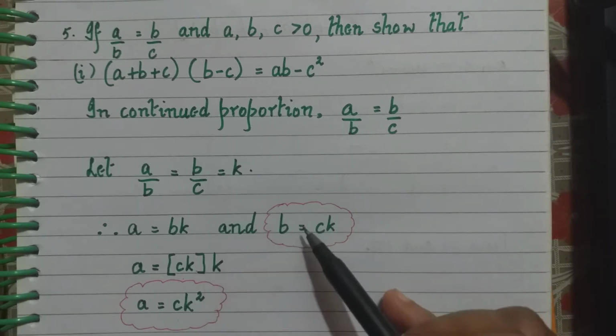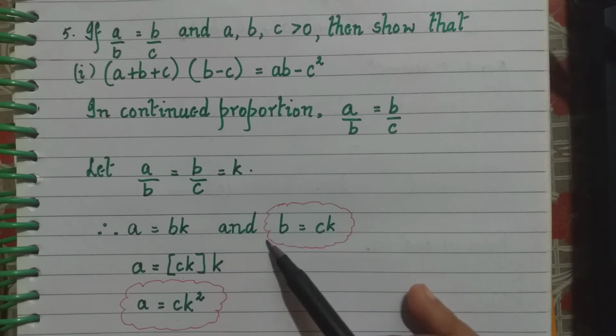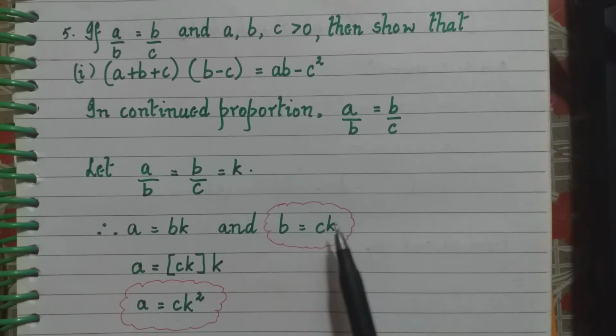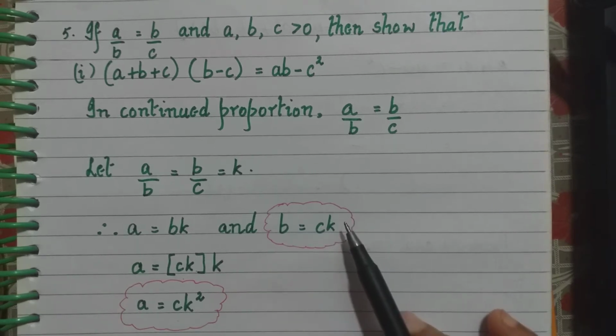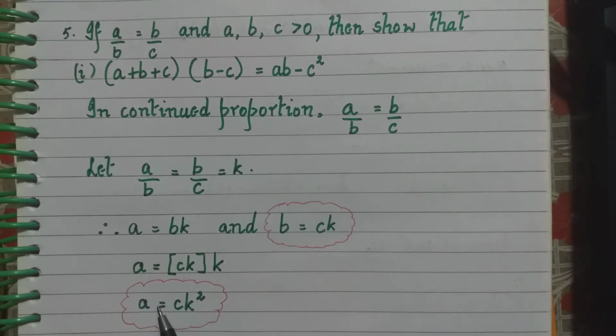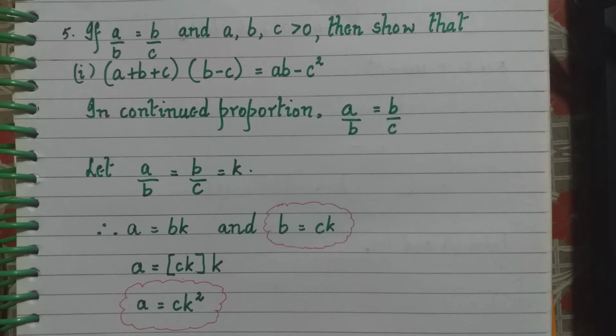So now we have got both a and b in terms of k plus the same variable c. And whenever we get c, we write it as c itself. In place of b, we will use ck, and in place of a, we will use ck square.